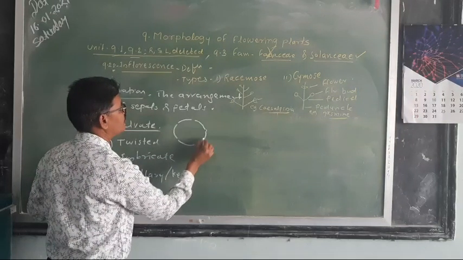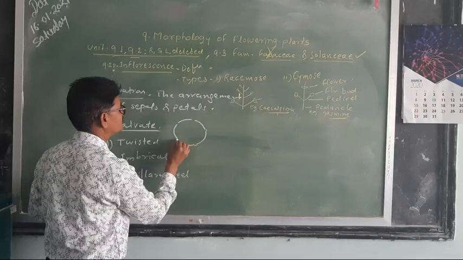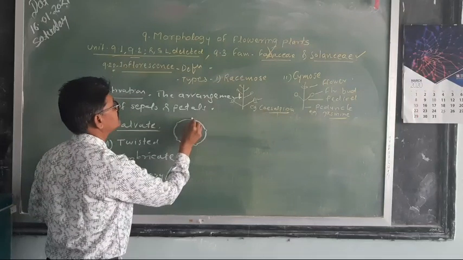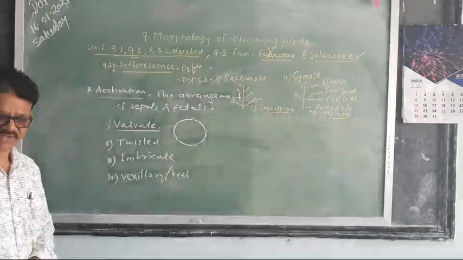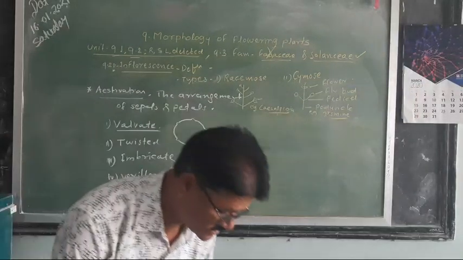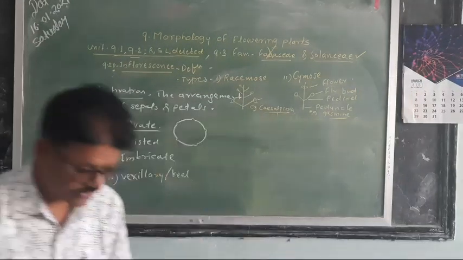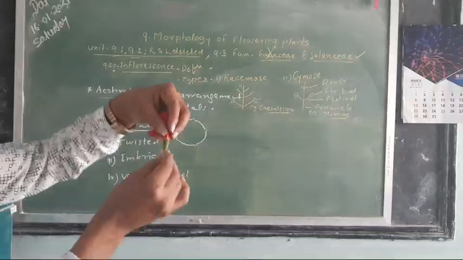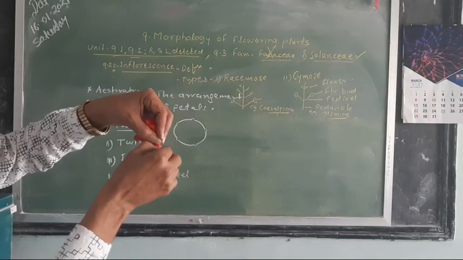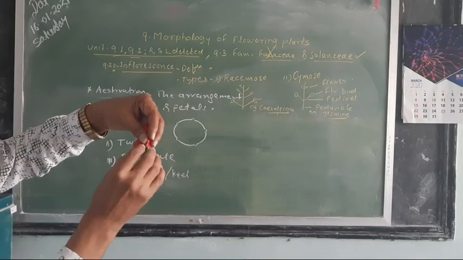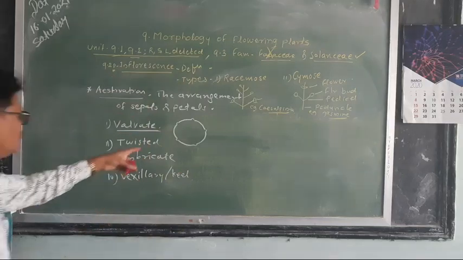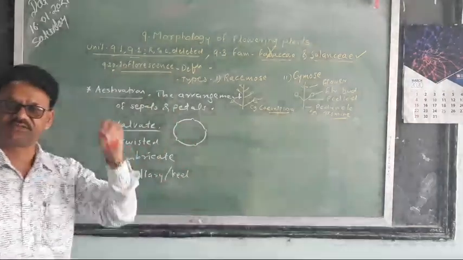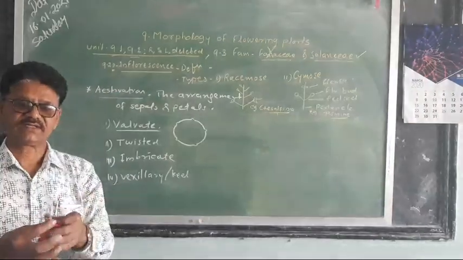Here the margin of one petal touches the margin of the other petal. It is called the valvate type of aestivation. For this, you can see this is the example. The margins of these sepals, there are 5 sepals which are connected to each other. It is called valvate type of aestivation.